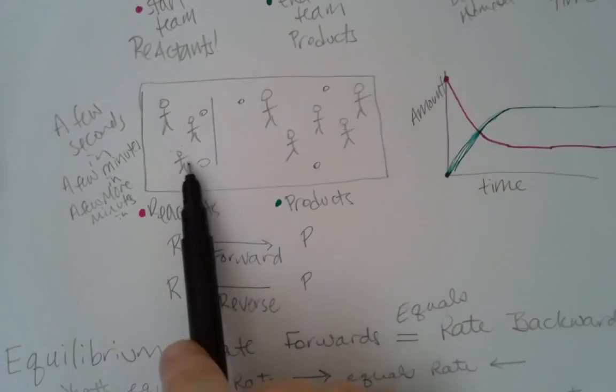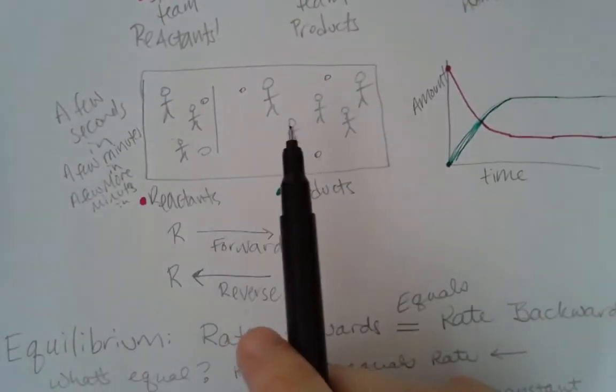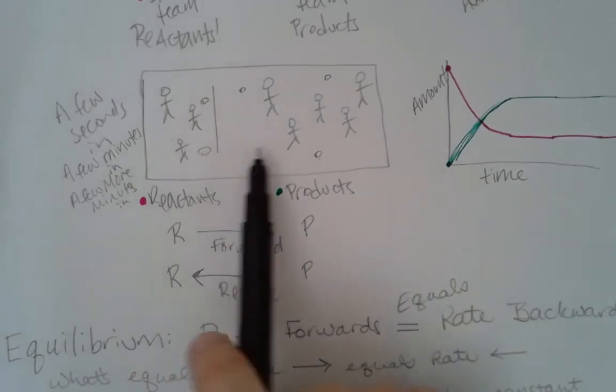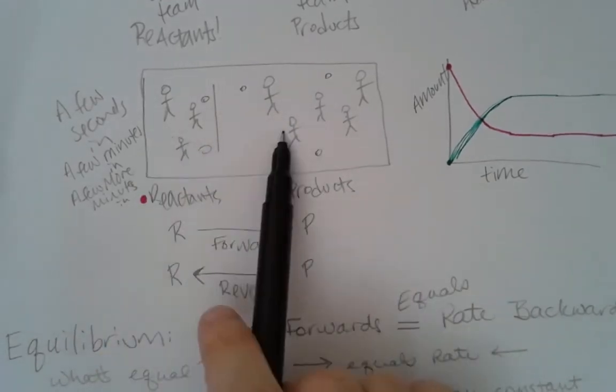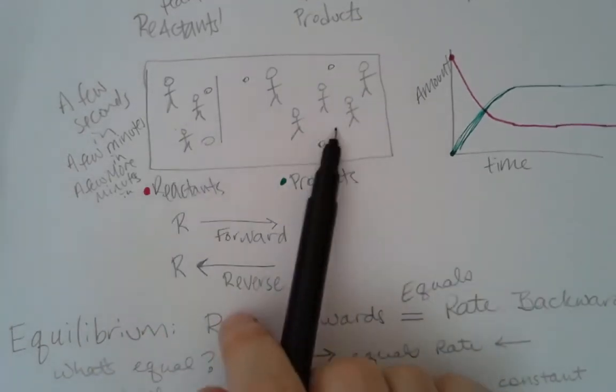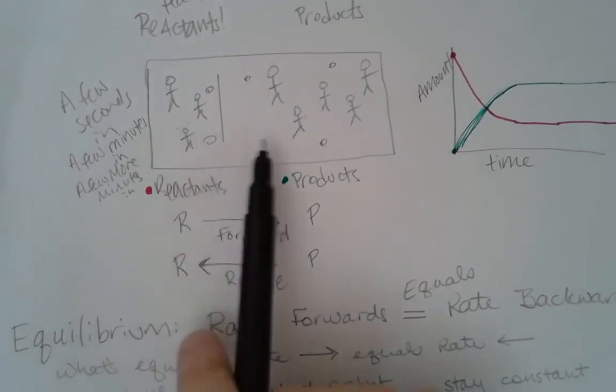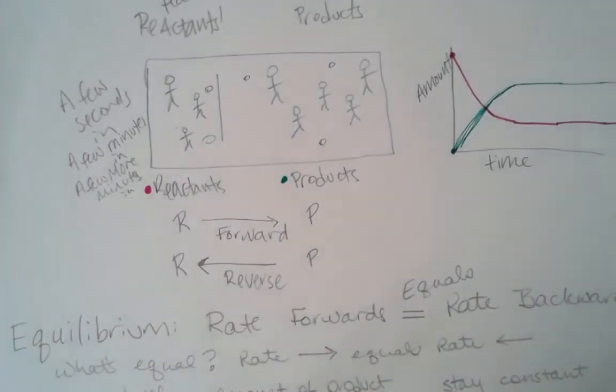The actual reaction is still happening. You can't actually say go and stop to a reaction. It's essentially throwing bouncy balls at each other constantly. Reactants forming products forming reactants, this constant exchange. That's the dynamic part.